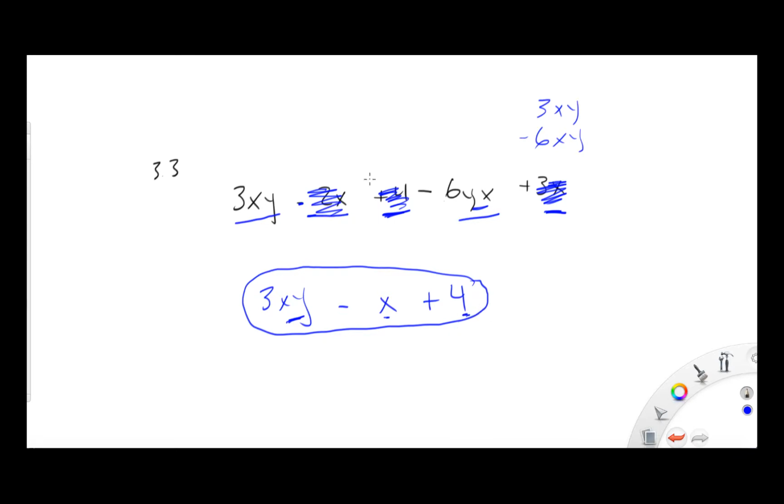Okay? Not a real difficult concept, but again, you're going to be asked to do this quite a bit in your text. 3.4 is probably the hardest part of this text.